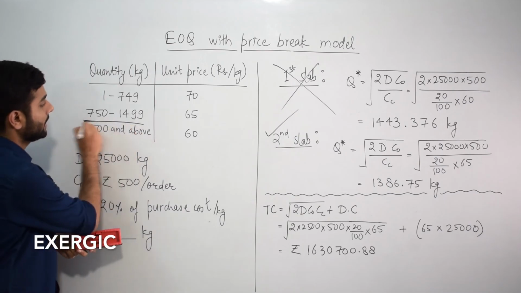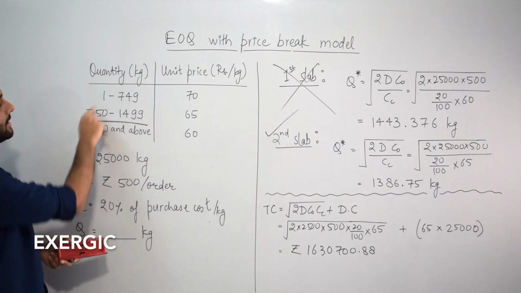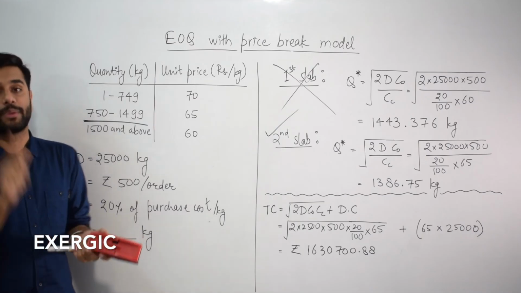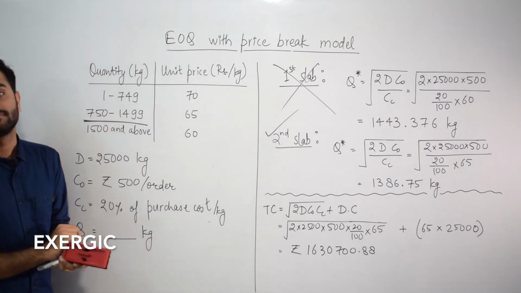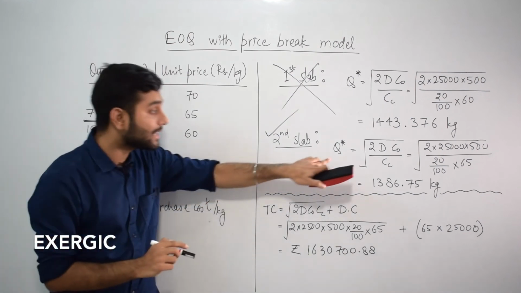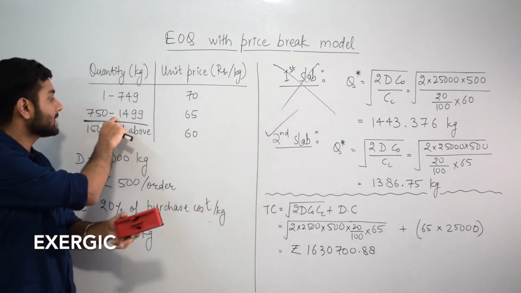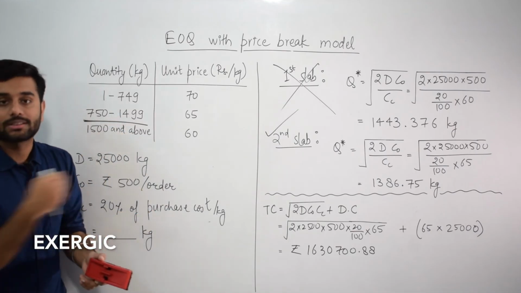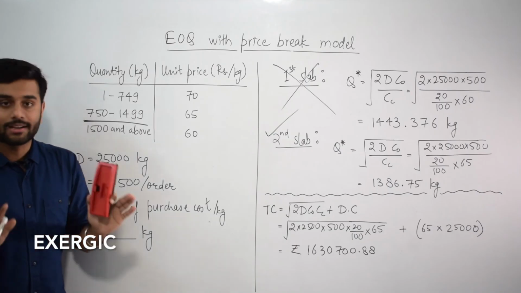Only one here, right? EOQ is lying in this range, and above that range, you have only one price break at 1500. So what you need to do? You need to find out the total cost at the EOQ of the second slab and at the break point at 1500 for the third slab, right?